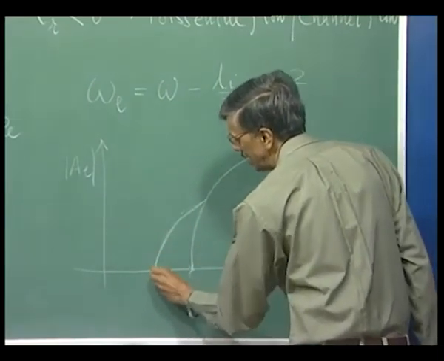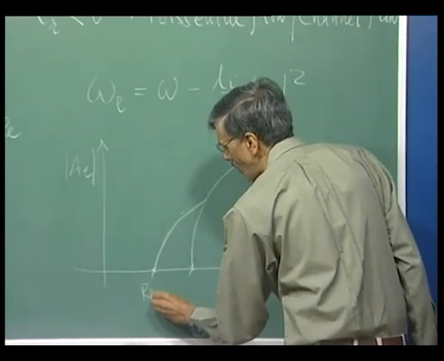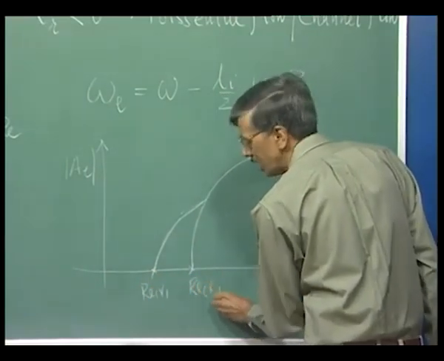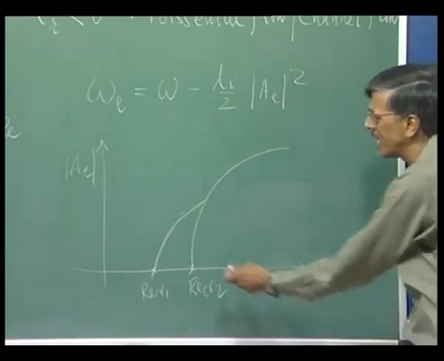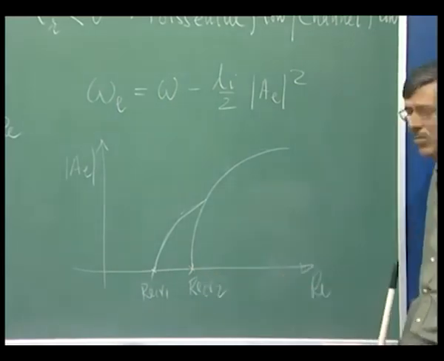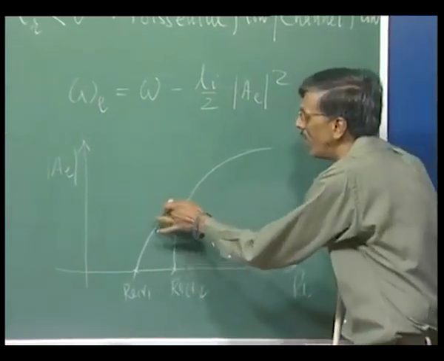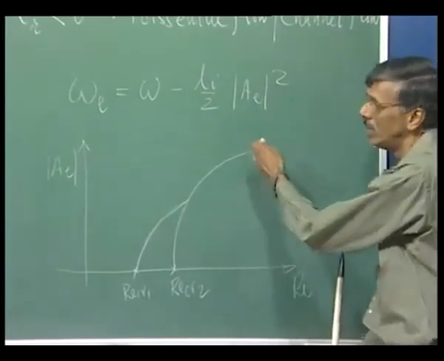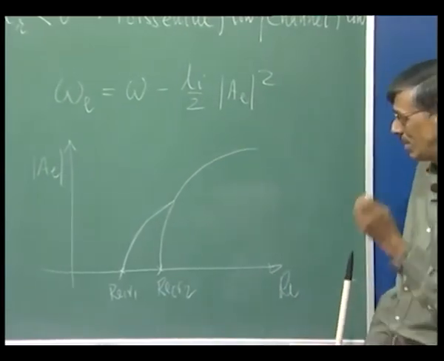And in this kind of scenario you may have a bifurcation at Re critical 1 and again a virtual bifurcation at Re critical 2, which is what you actually see in experiments. That is what was shown in Strykovsky's thesis experimentally.